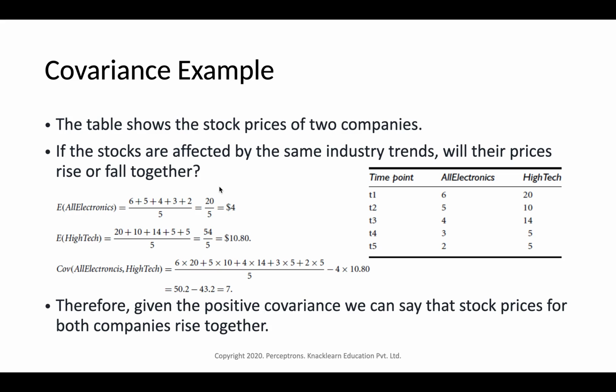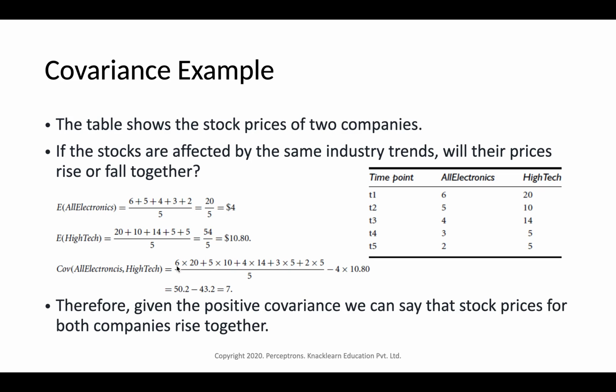For that, we can find the covariance of All Electronics and High Tech. Suppose All Electronics is X and High Tech is Y. We have to find the covariance between both of these. Here, first we have taken the expected value, that is nothing but the mean of the All Electronics stock price and the mean of the High Tech stock price.